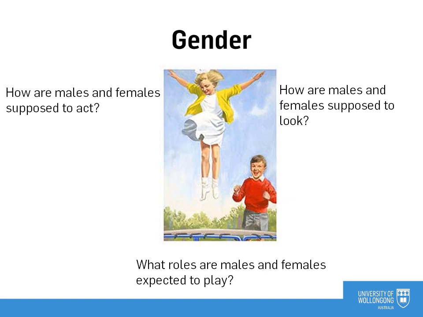So what it means to be male or female differs depending on the culture that you're in. And it also depends on the chronosystem that we've talked about, related to the bioecological model. What gender means depends on the culture that you're in and the historic time you live in. So being a male or female 100 years ago in Australia would have been different.